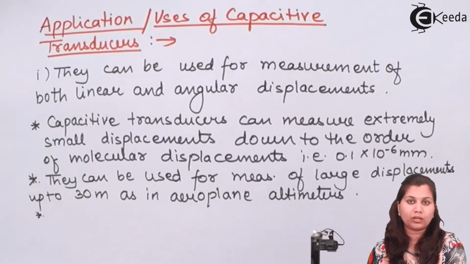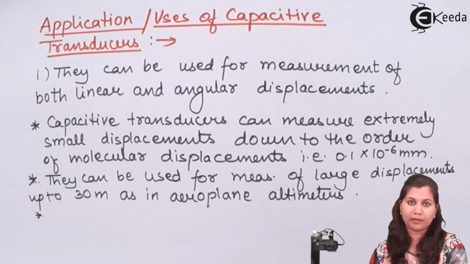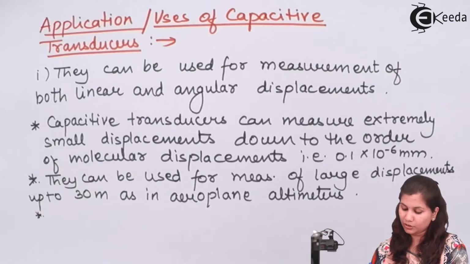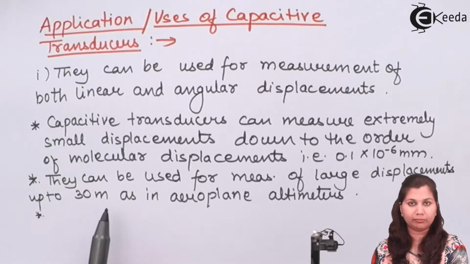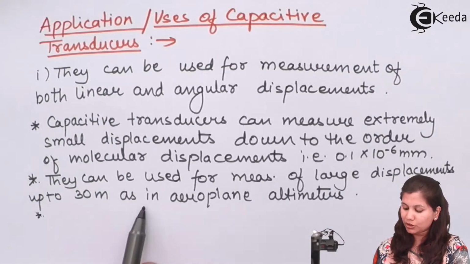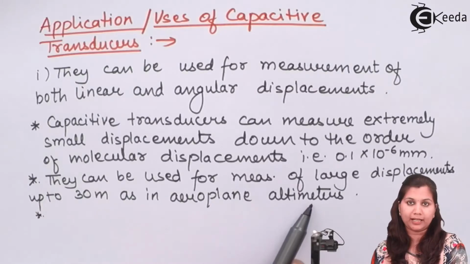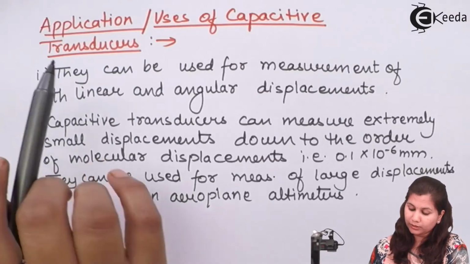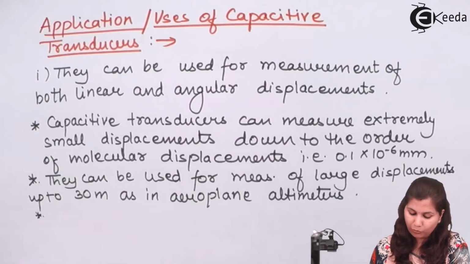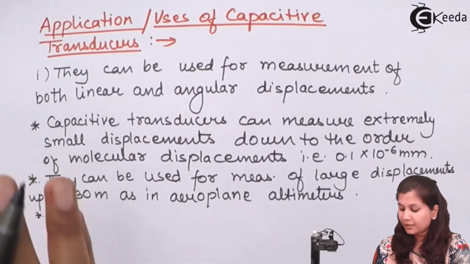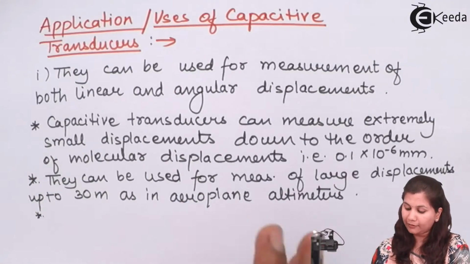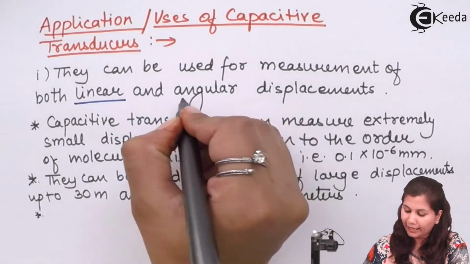Such small displacements can be measured, and also very large displacements, up to 30 meters, like in the case of aeroplane altimeters. They are used for both small and large displacement measurements.